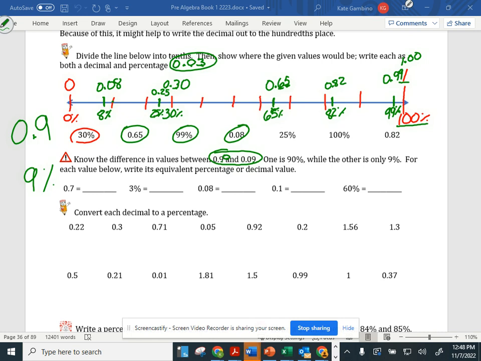So it comes in handy when we go from decimal to percentage to remember, oh, that's right, I want to go out to the hundredths place. Oh, that's a 90, not a 9. I need to put that 0 in there. Because again, we don't want a 9% on our test, we want a 90%. So it's important when we go from decimal to percentage to remember to put that 0 in.